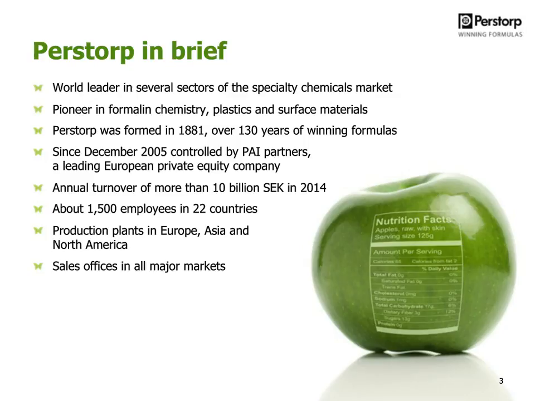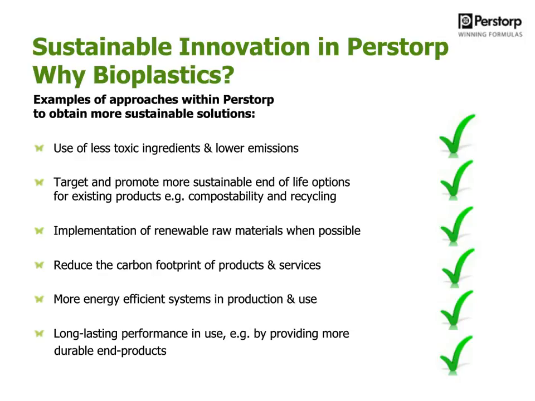And so why is a company like Perstorp involved in bioplastic? As a chemical producer, we need to take responsibility, and that means that we constantly work with lowering the environmental impact of our products and our processes. And so we look at trying to eliminate toxic ingredients or use less of them, but also lower emissions.